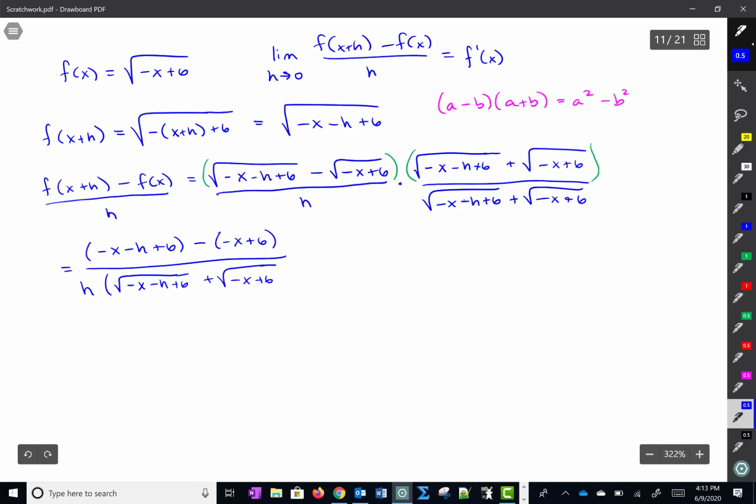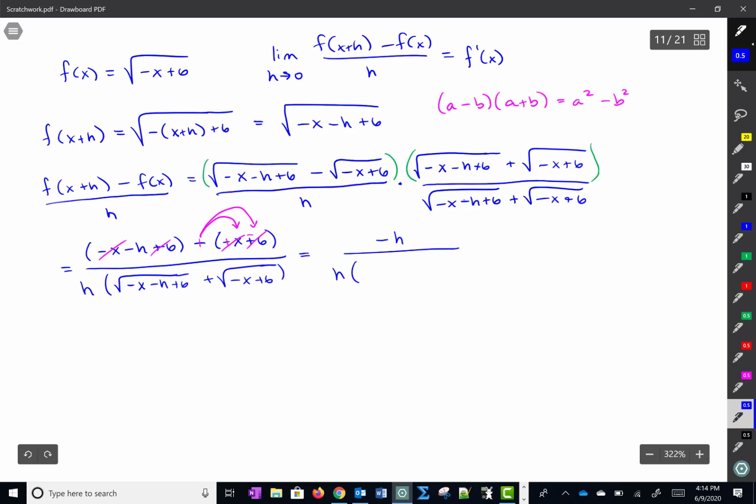Okay, now in the numerator, this negative can distribute to both terms within the set of parentheses, making this a positive and that a negative. Now when that happens, I have a negative 6 and a positive 6 which cancel, and a positive x and a negative x which cancel. So the only thing left in the numerator right now is negative h.